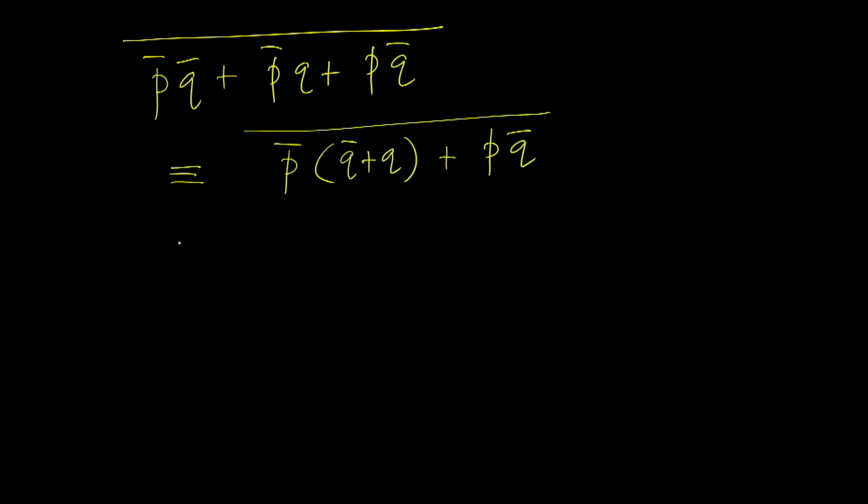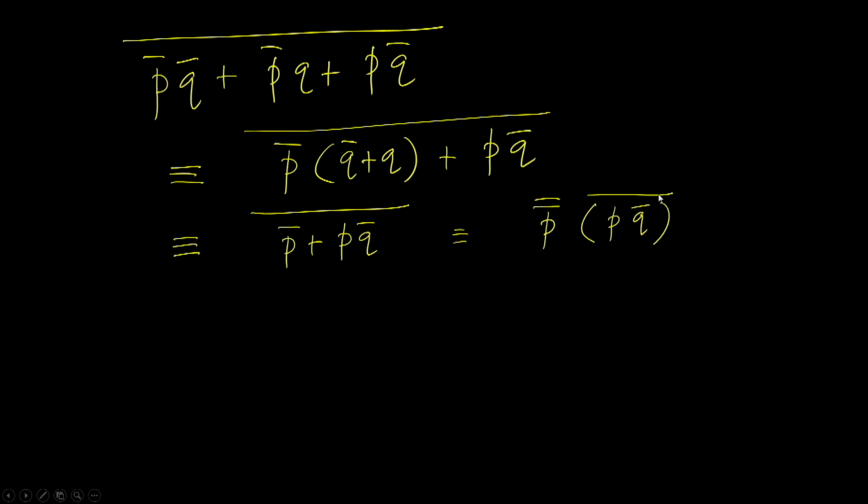This is what we want to negate. But then Q bar plus Q is 1, therefore this is the negation of P bar plus PQ bar, which by De Morgan's law is the negation of P bar and the negation of PQ bar.